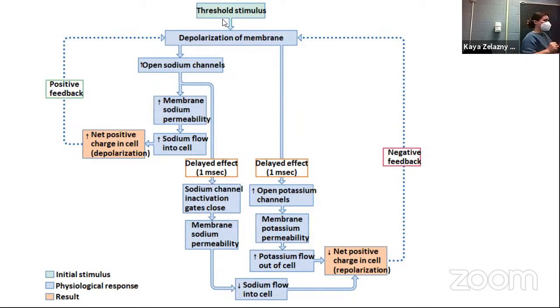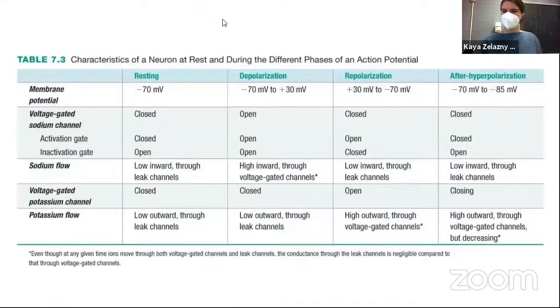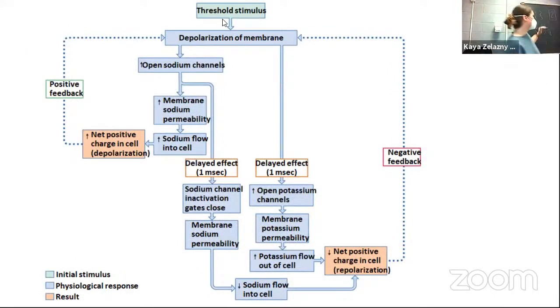So when we open up those extra potassium channels, potassium leaves the cell, and that's the part that's pulling down our action potential, repolarizing it. And that can continue a bit below our resting membrane potential of -70, and we get restabilized as the sodium potassium pump fixes our concentrations, basically.